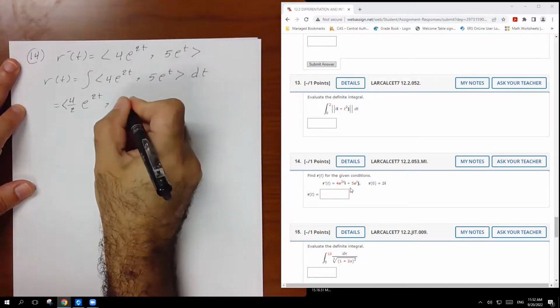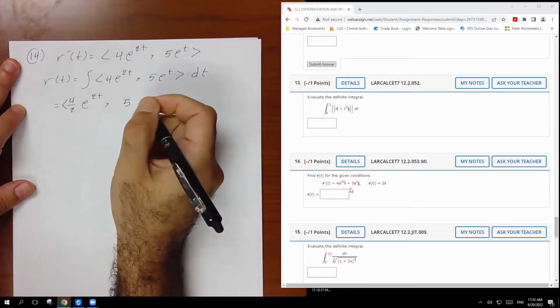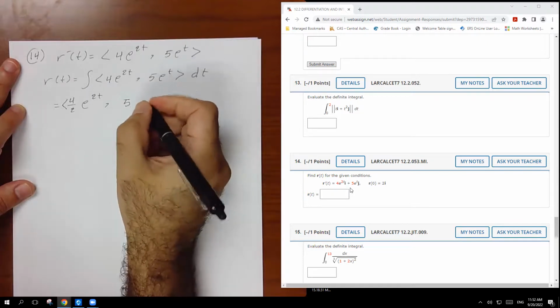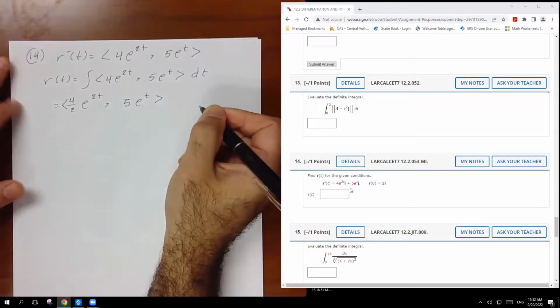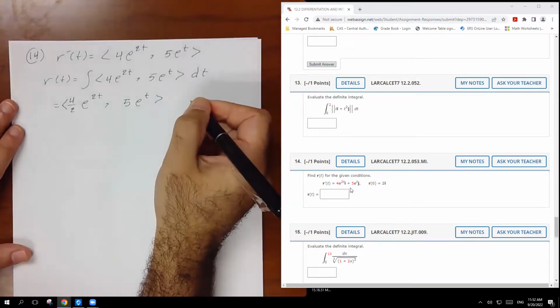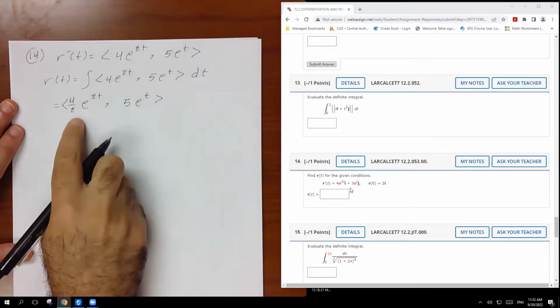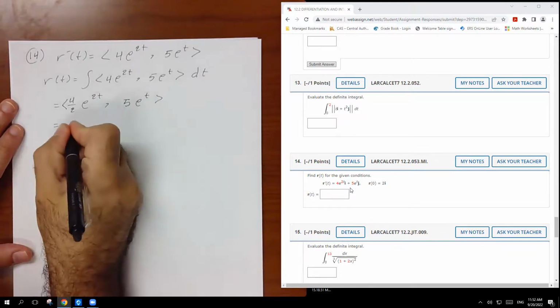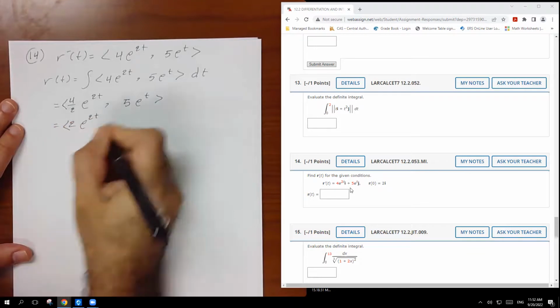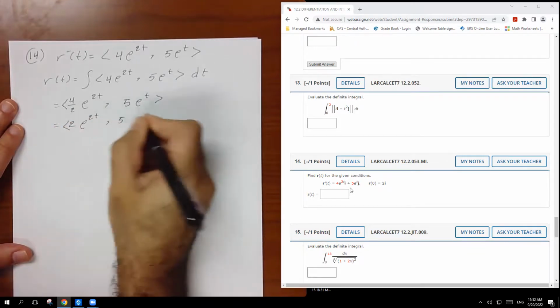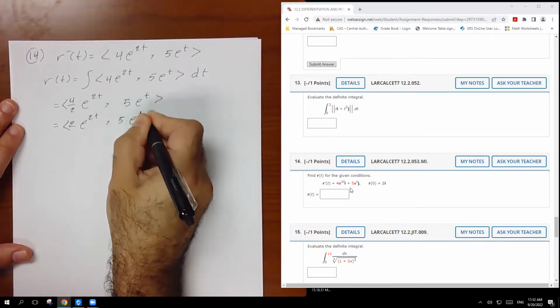The integral for the second one is going to be 5e to the t. Now this is 4 over 2, so it's going to be 2e to the 2t, and here is 5e to the t.